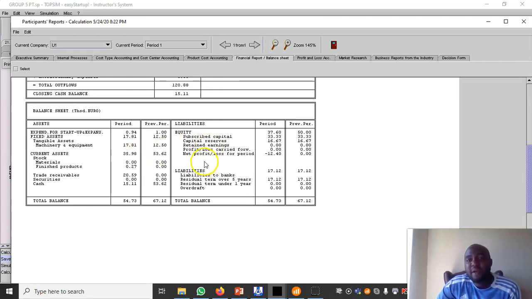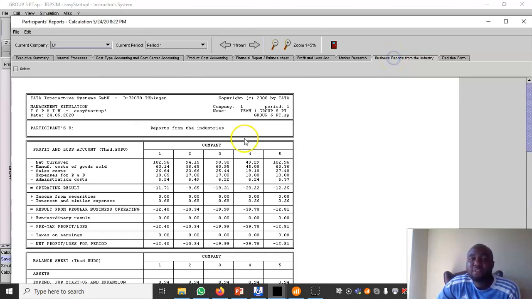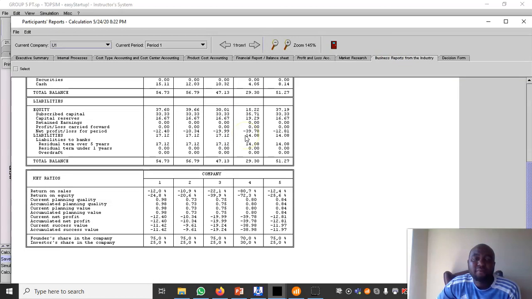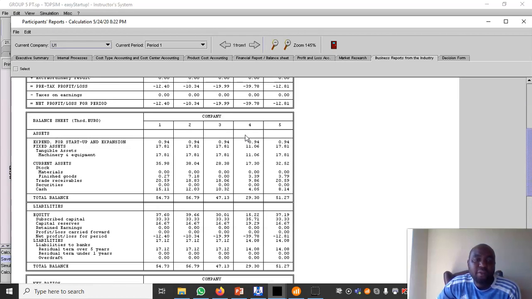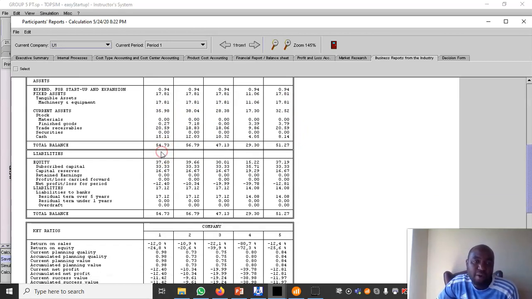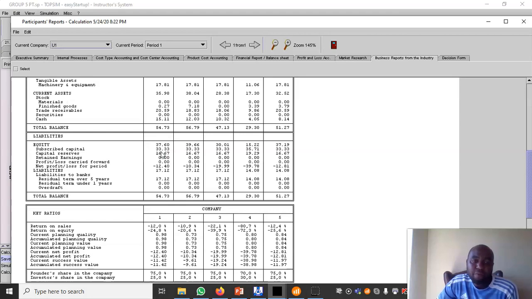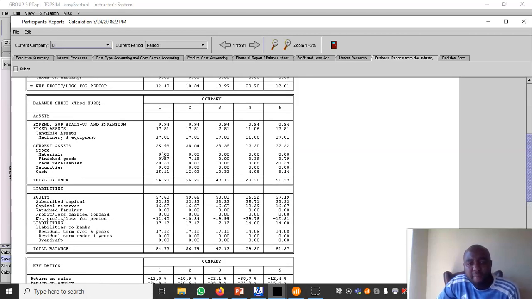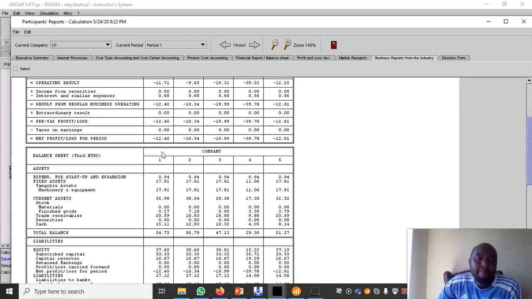There are other things as well, and I might send you this. You can also use this balance sheet here. As you can see, this is the balance sheet for companies 1, 2, 3, 4, 5. You just use the same balance sheet to update your balance sheet on the planning tool.